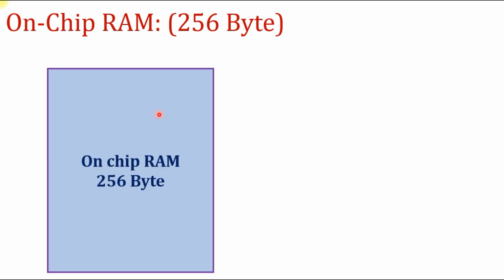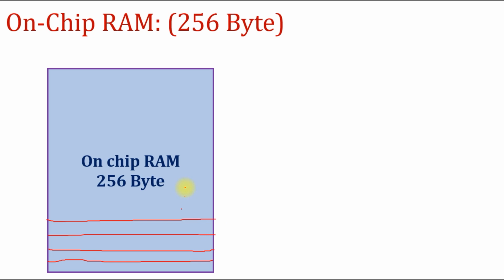So on-chip RAM is 256 bytes. We know that 1 byte is nothing but 8 bits, right? So 256 bytes means there are 256 locations. It looks like an 8-bit register, a storage space.